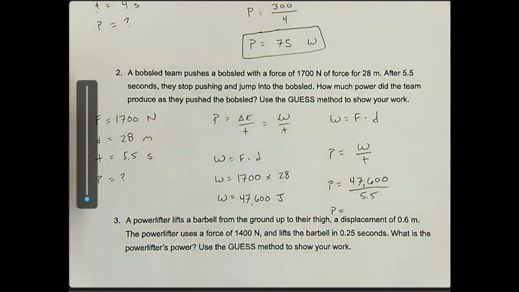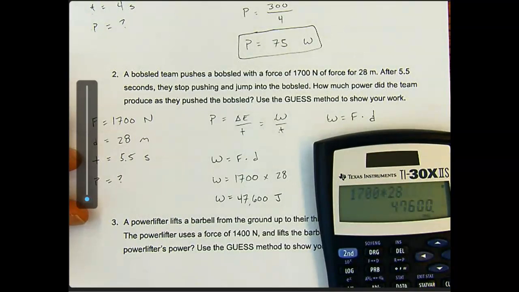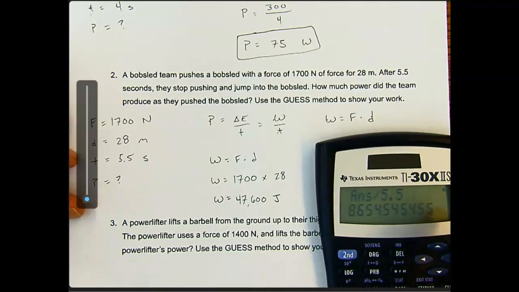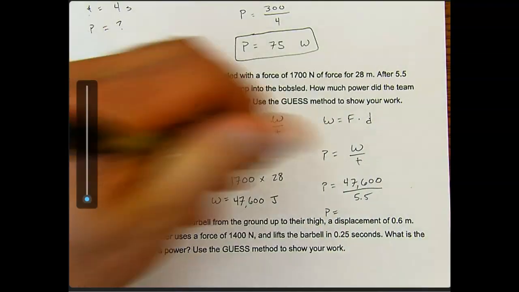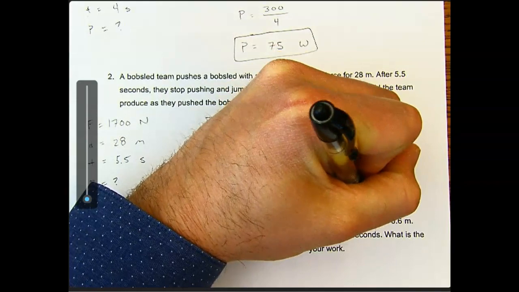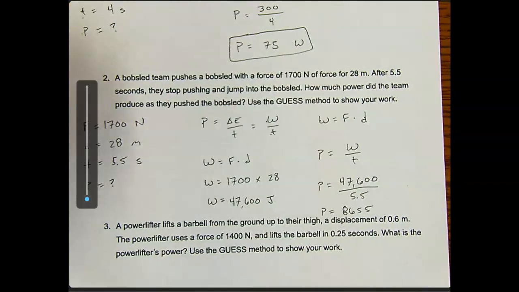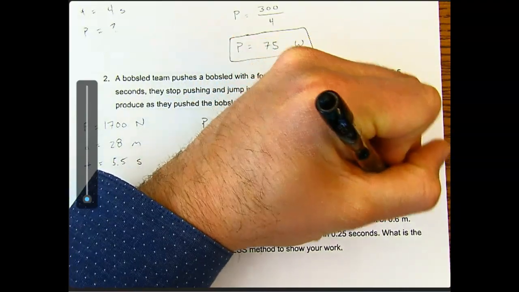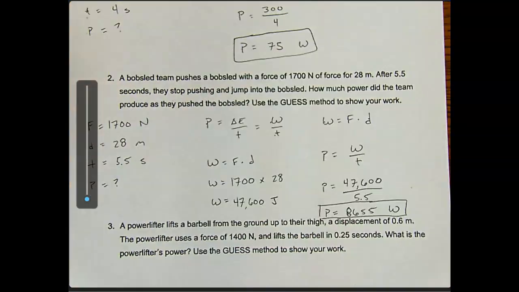Again, I can't do that off the top of my head, so I'm just going to grab a calculator. All right, 8,655. Let's just round it to that. And again, our units for power are watts. And that's it.